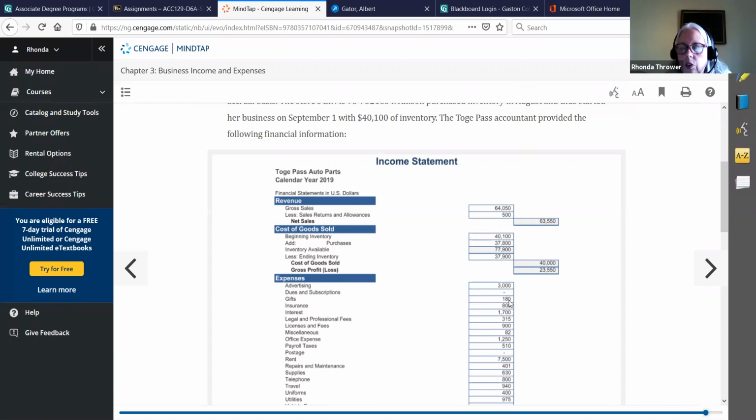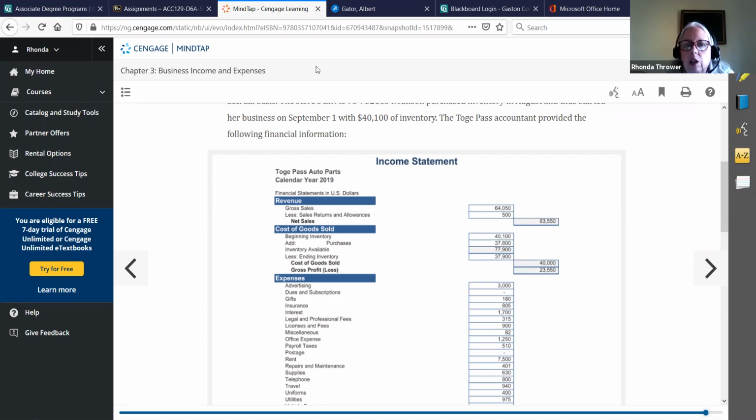All of that is not deducted on Schedule C. Only $150 is, because they limit the amount that the gift can be to $25 for each gift that is given.